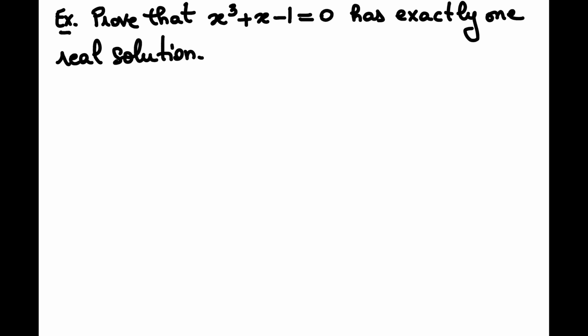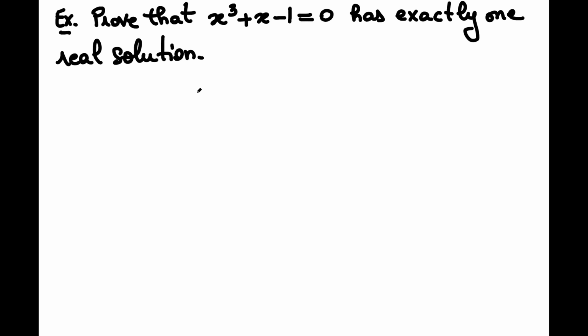So the way we're gonna do it, we're gonna show that this equation has a solution, has a root, and we're gonna show that this root is unique. So we're gonna go in 2 steps.